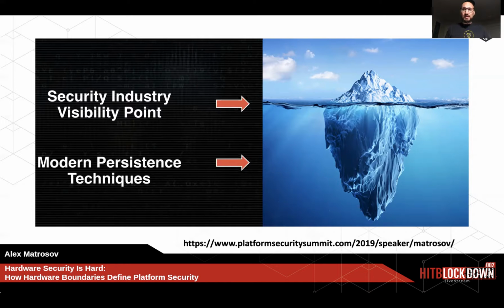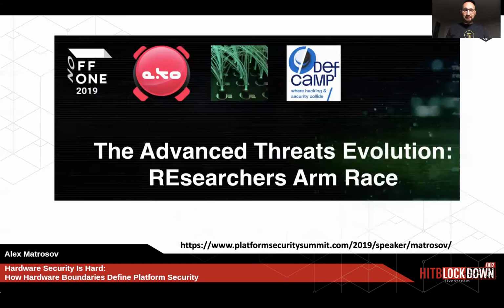Actually, we don't have any automated tools and approaches for finding hardware and firmware implants. And it's creating a lot of differences in our modern attack surfaces and threat modeling approaches.